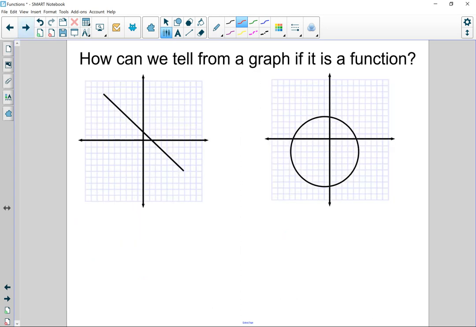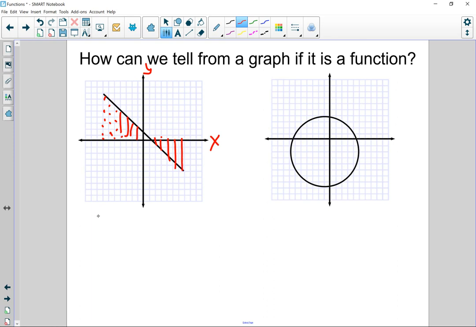Well, let's take a look here at a graph. Okay, in graphs, you got to remember which is the x-axis and which is the y-axis. The x-axis is horizontal. It goes straight left to right, and the y-axis goes up and down. It's vertical. So these are all my x's. If I look at every x and I take it up to the graph, does any x have more than one y with it?